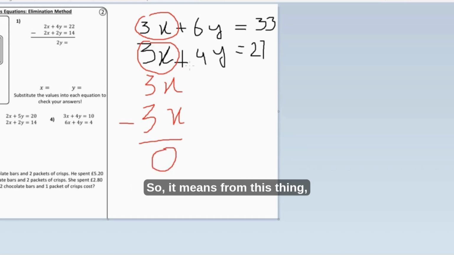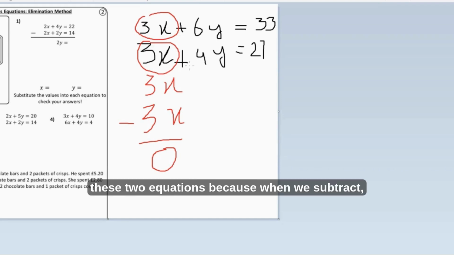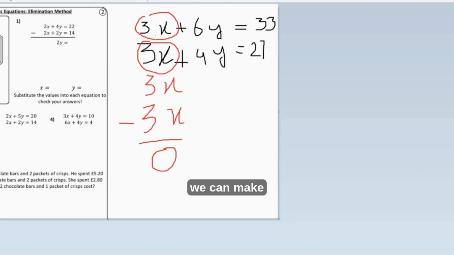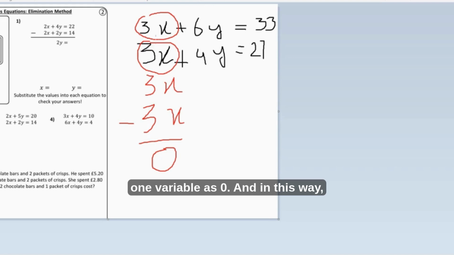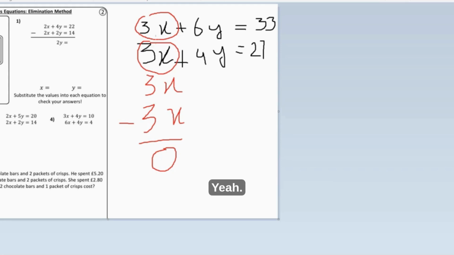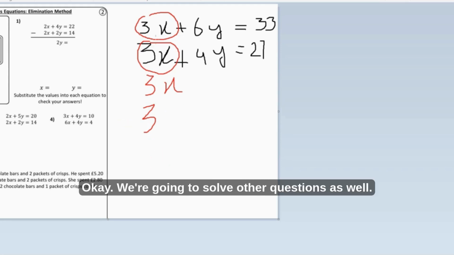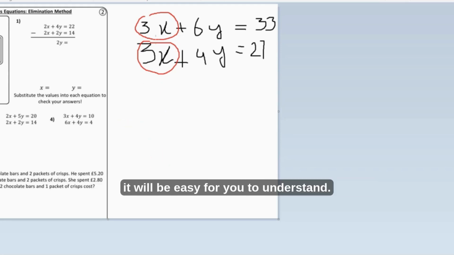So from this we come to know that we have to subtract these two equations, because when we subtract we can make one variable 0, and in this way we will be able to find out the value of the other variable. Are you getting my point? Okay, we're going to solve other questions as well, so it will be easy for you to understand.